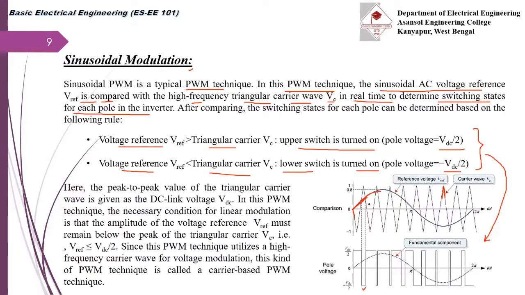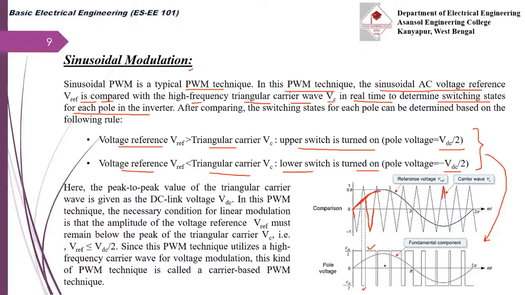Similarly, for this portion, the triangular wave is less than the reference voltage. So the upper switch will turn on. That's why it is plus VDC by 2. And likewise, if you go on switching, it will look like this square waveform.